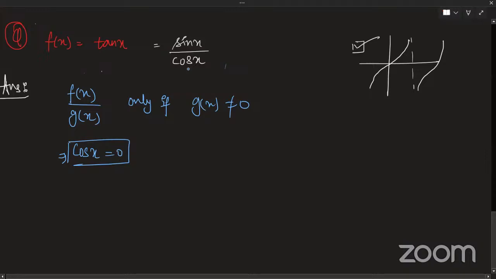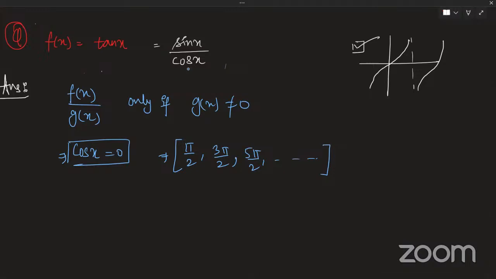Cos 90 degree, that is pi by 2, then we have 3 pi by 2, 5 pi by 2, and so on, infinitely many places. So at every point where cos x is equal to 0, my f of x, tan x, will be discontinuous.